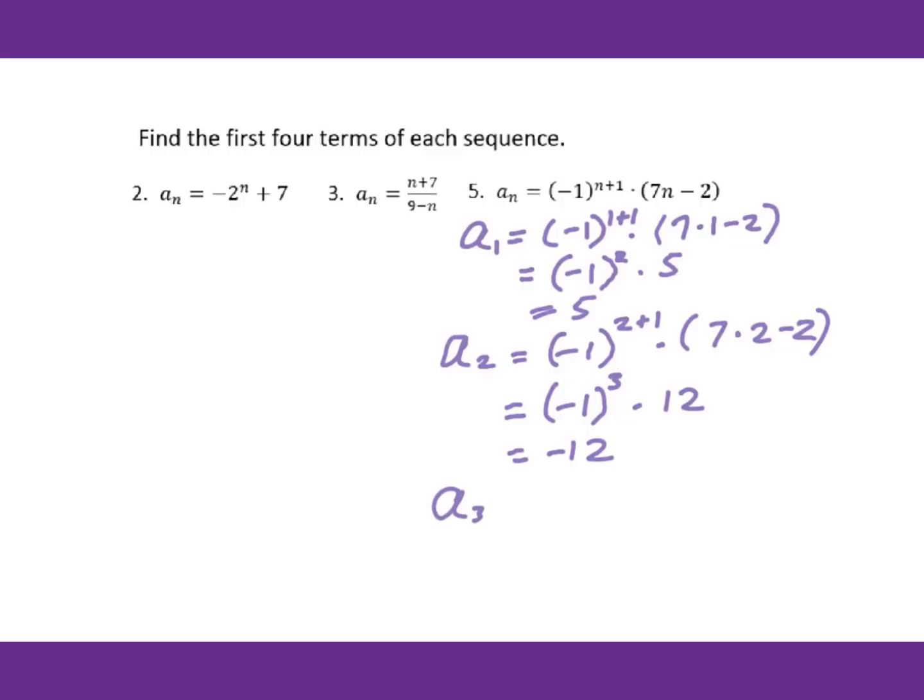A sub 3 equals negative 1 to the 3 plus 1 power times 7 times 3 minus 2. You will get negative 1 to the 4th power times 19, which equals 19.